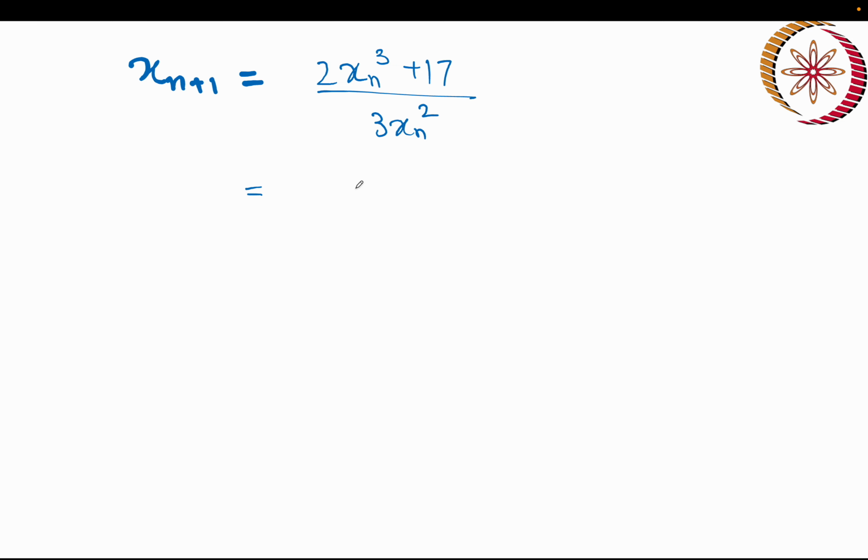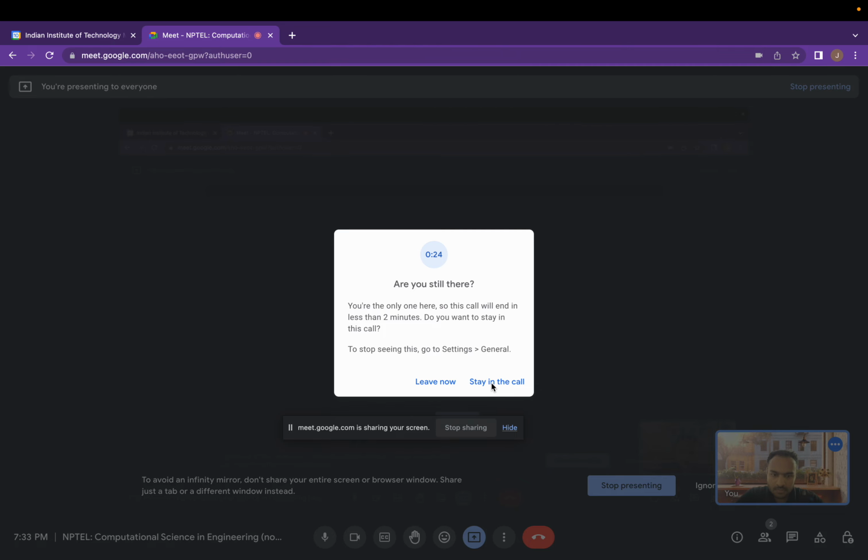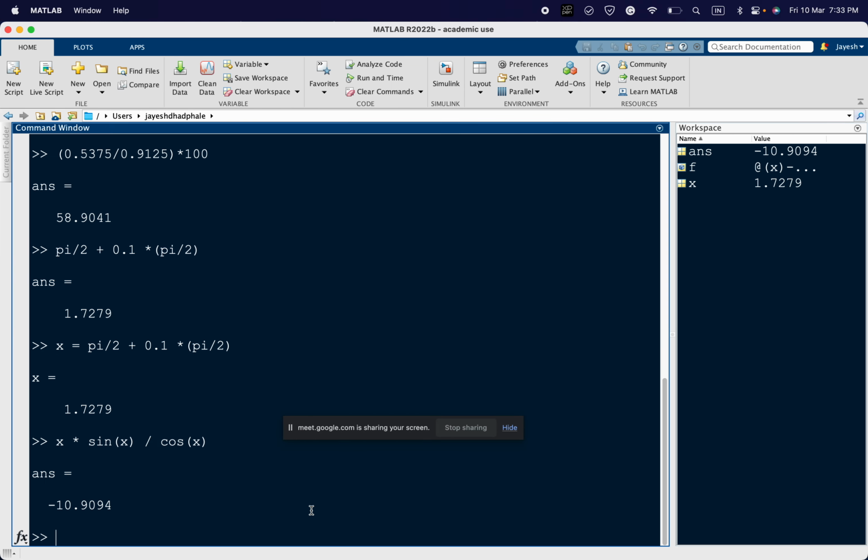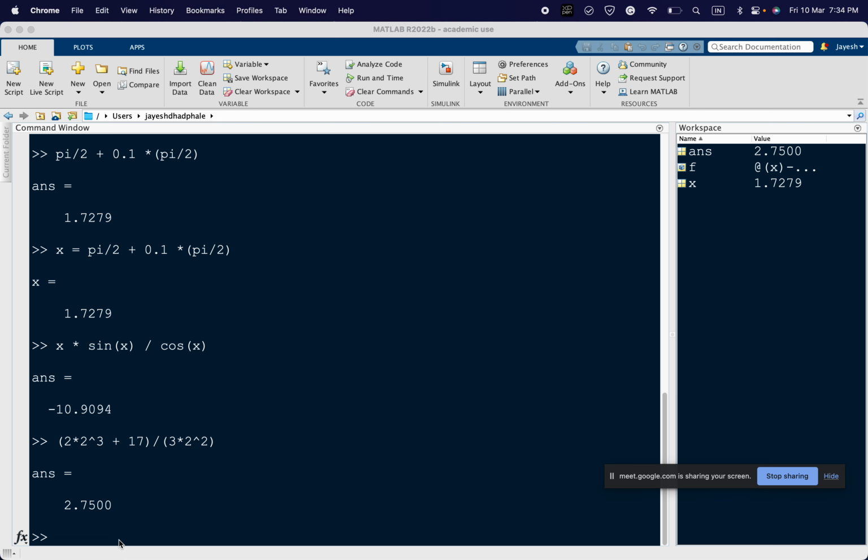So the numerator is 2 into 2 cube plus 17, and the denominator is 3 into 2 square. Okay, so this is 2.75.